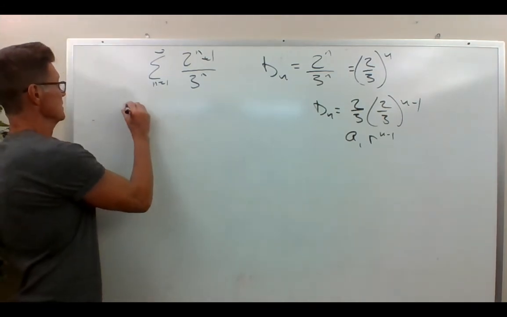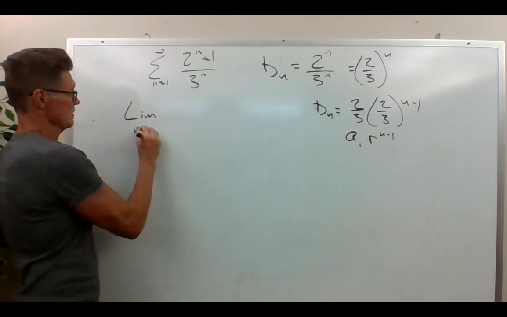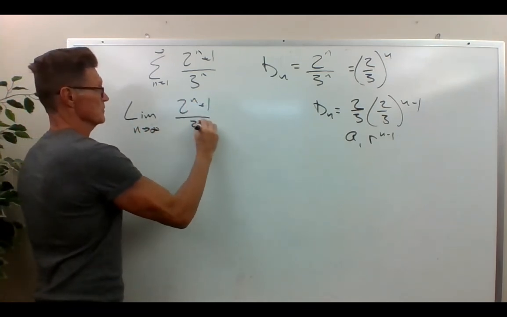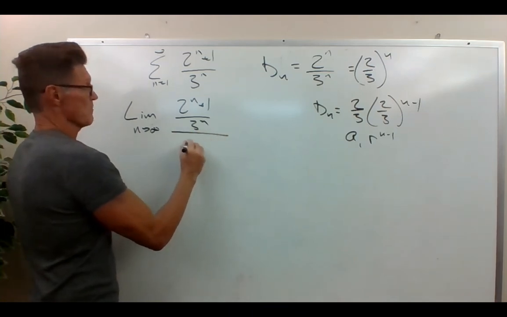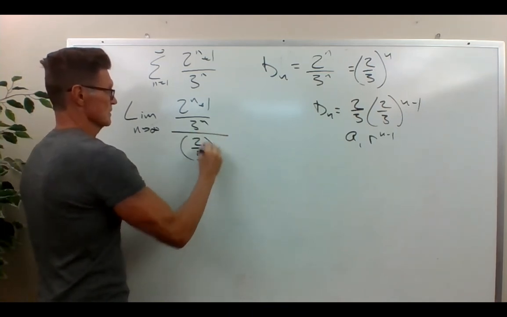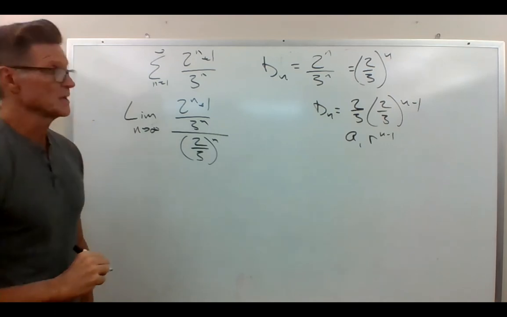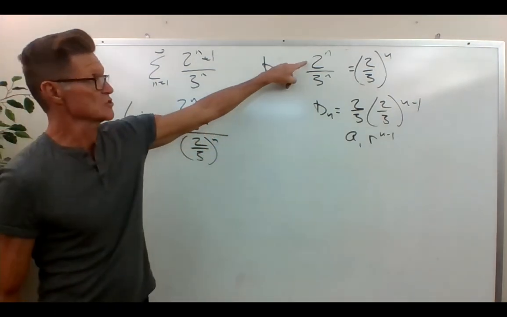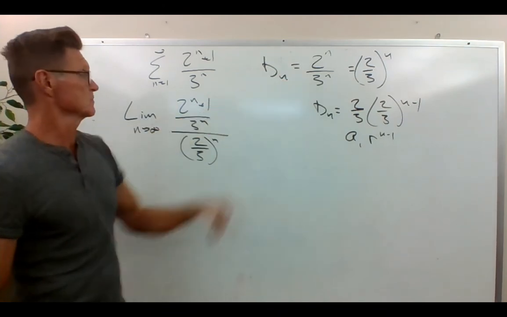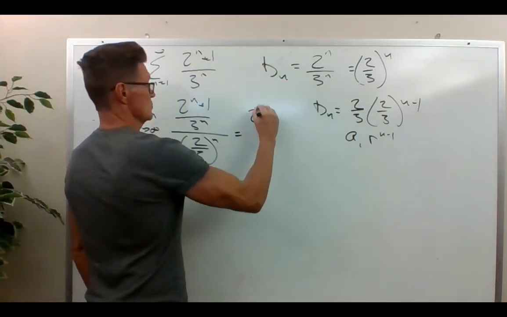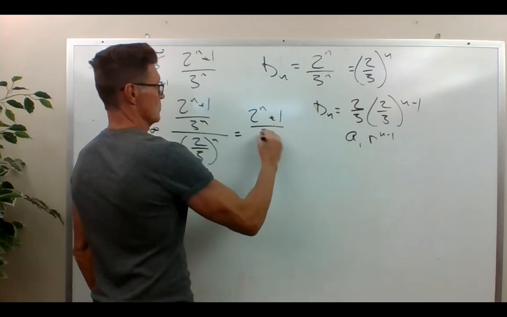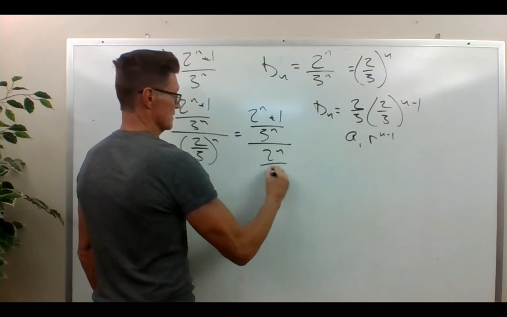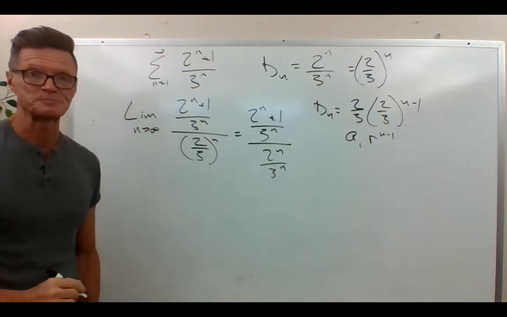So I want to find the limit as n approaches infinity of 2 to the n plus 1 over 3 to the n, over 2/3 to the n. Now, again, I'm going to backtrack. I'm going to write 2/3 to the n as 2 to the n over 3 to the n again. And so this becomes 2 to the n plus 1 over 3 to the n divided by 2 to the n over 3 to the n.